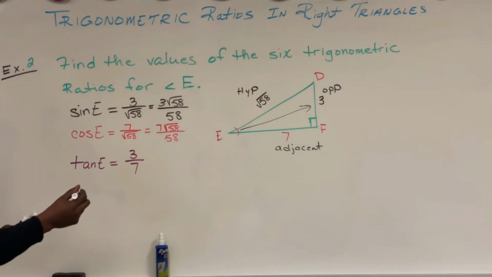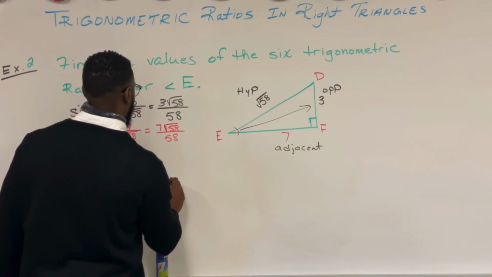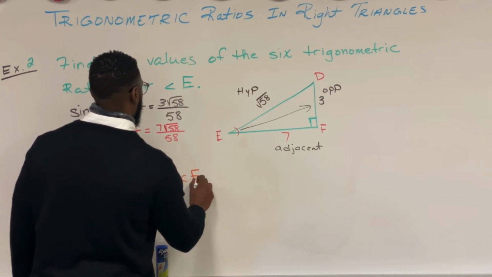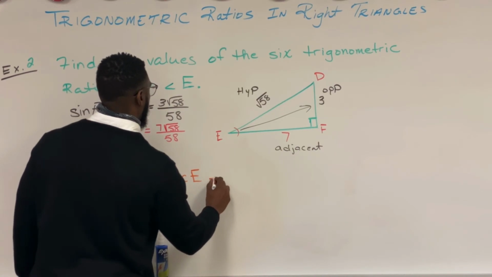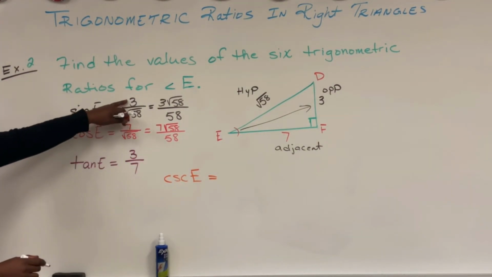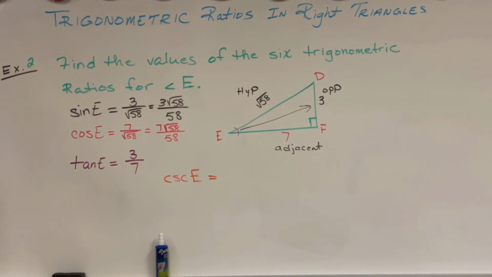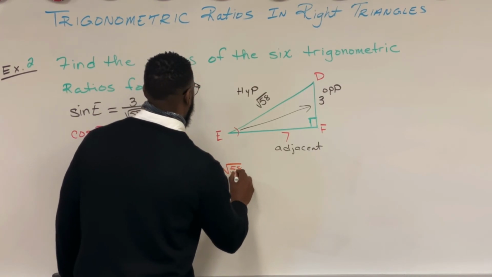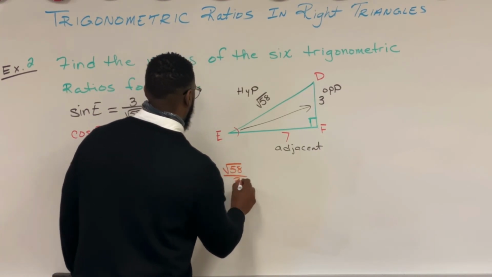Cosecant. Cosecant is the reciprocal of sine. So right here, we start from this point: square root of 58 over 3.